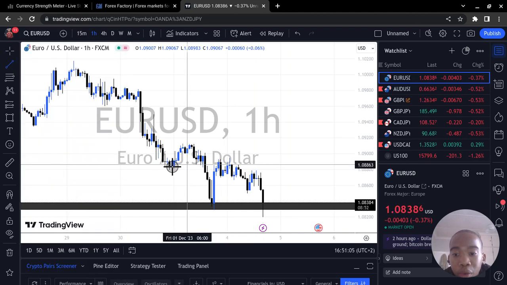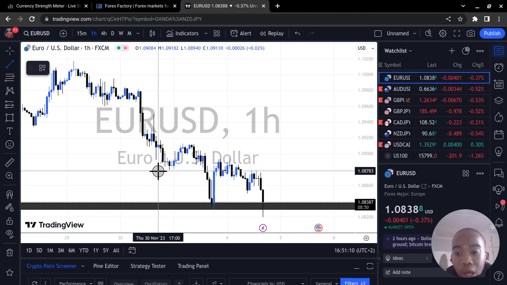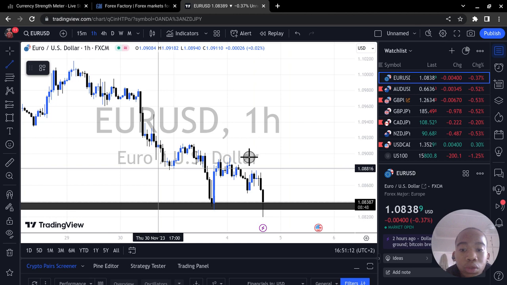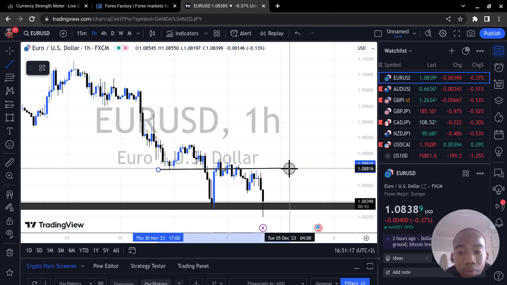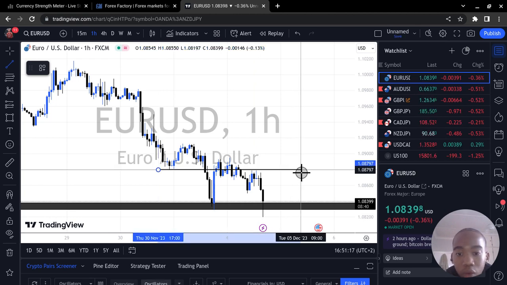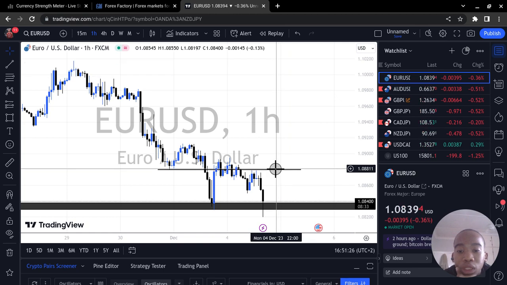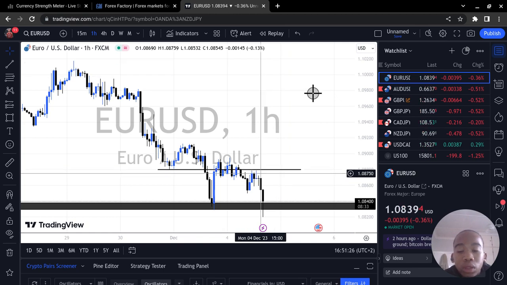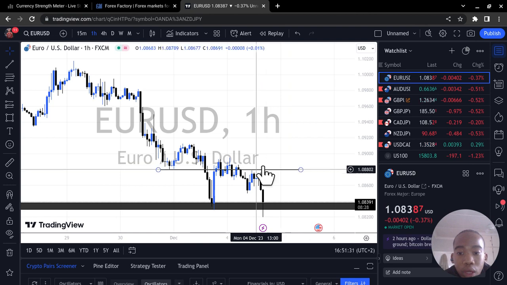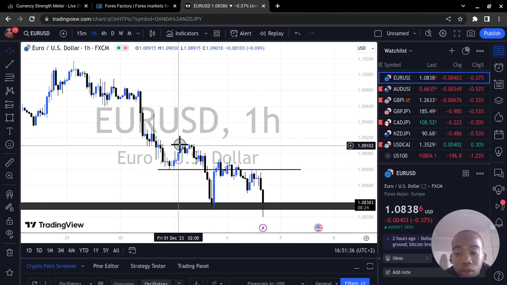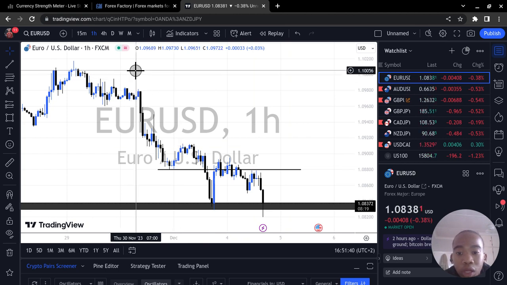Probably a lot of people got stopped out or thought it was a breakout. A lot of people got faked out, thinking it's going to break out, so they sold. So I would only be interested in price if it breaks right here. If it breaks right here, which gives me a bullish indication, then if I don't get an entry here, I'll be looking to get an entry here. Even if I catch a couple pips from here to here, I'd be happy with that.